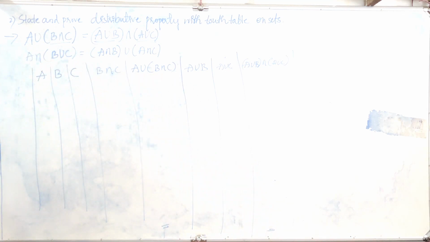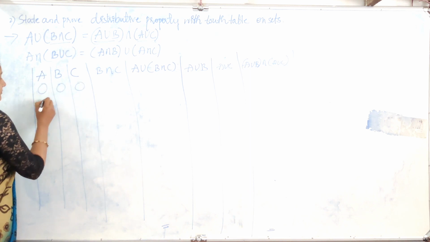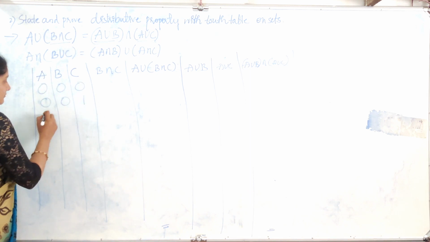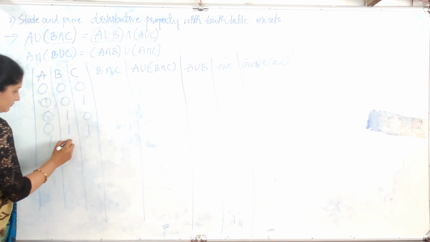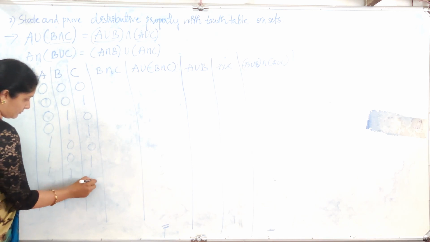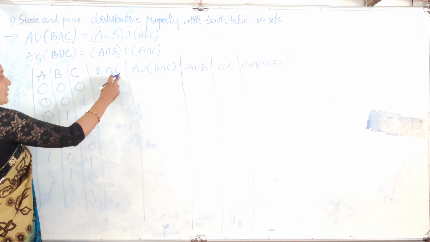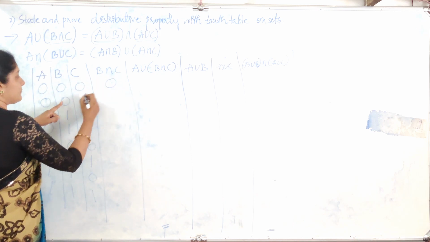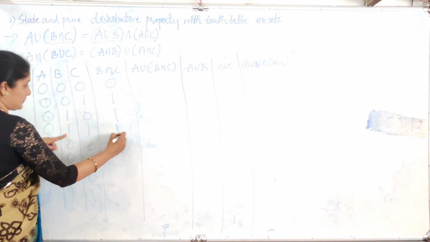Now let me write down the inputs. See here, B intersection C. If either of the inputs is 1, then the output will be 1.